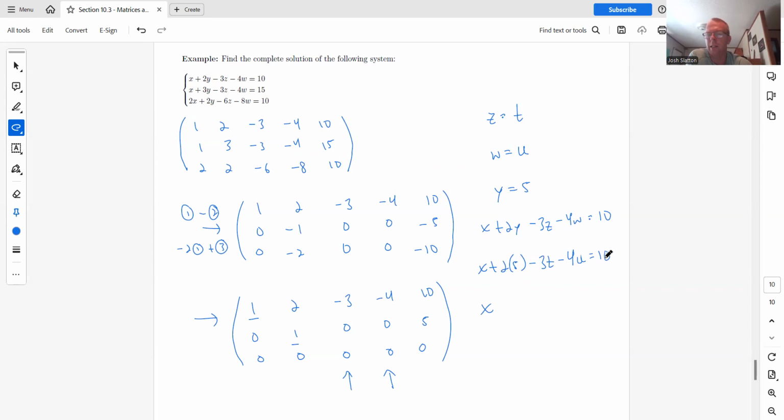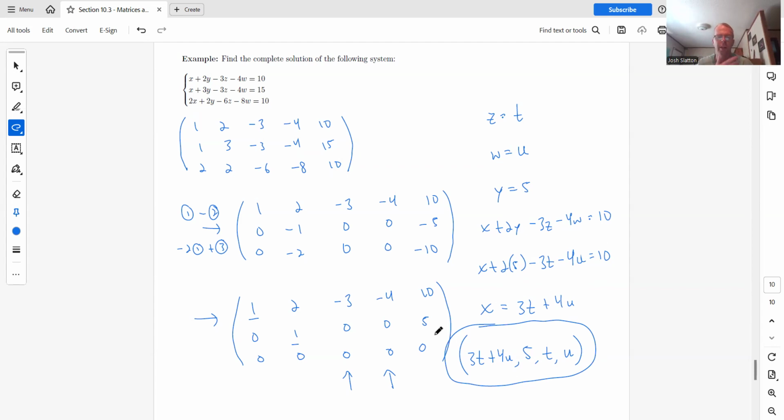So the 10 will cancel, and we can just bring these two over. So x is 3t plus 4u. And so now we have an ordered quadruple, I guess. So 3t plus 4u, y is 5, z is t, w is u, and then that is our ordered quadruple.